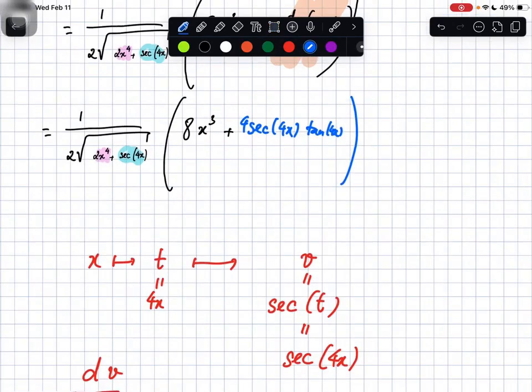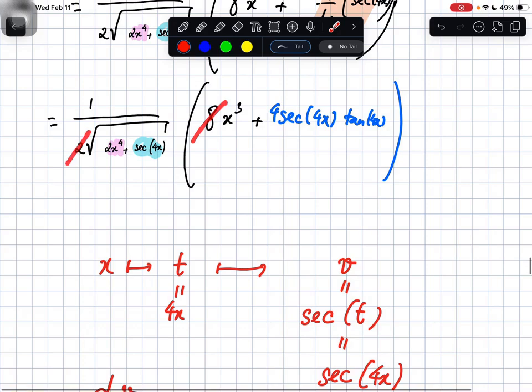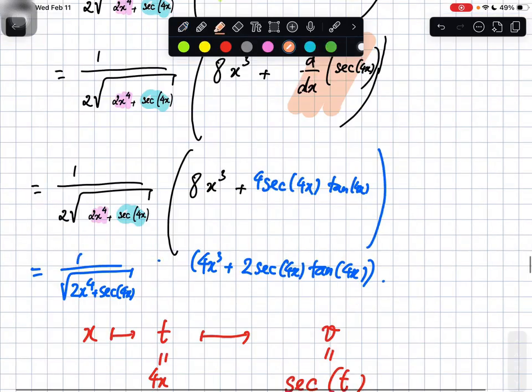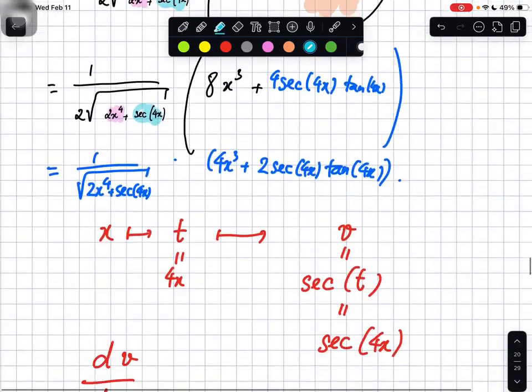That is the answer. Now if you want to reduce this, then you have 1 over root of 2x^4 plus secant 4x, times 4x^3 plus 2 secant 4x tangent 4x. That is the final answer.